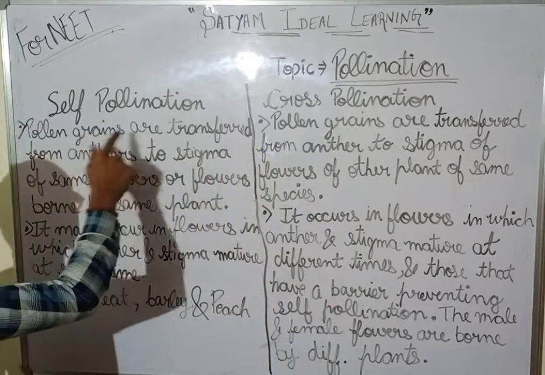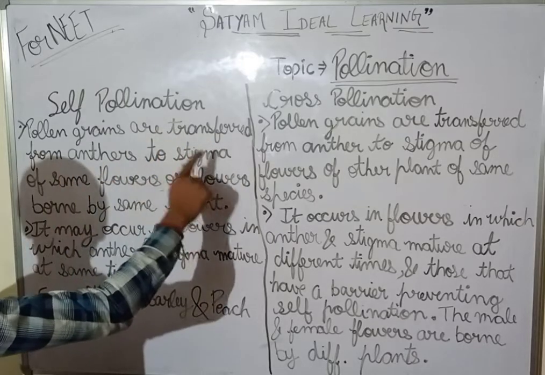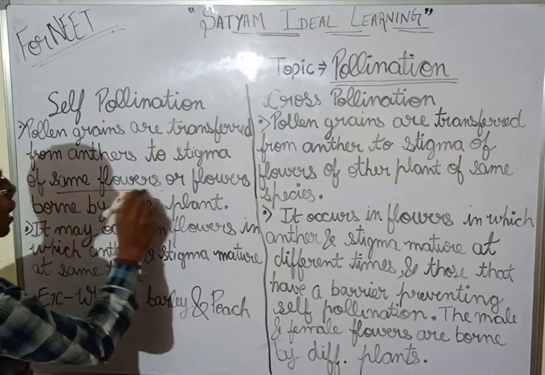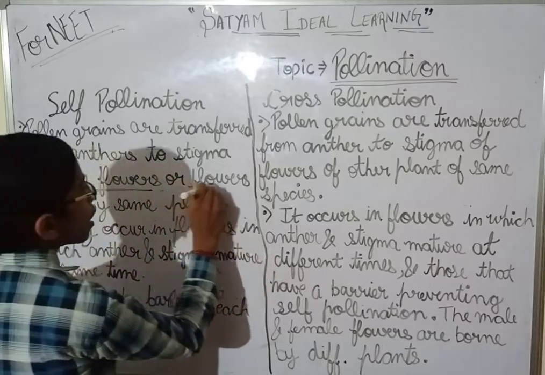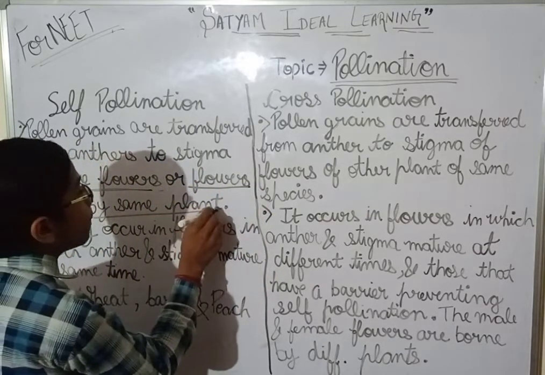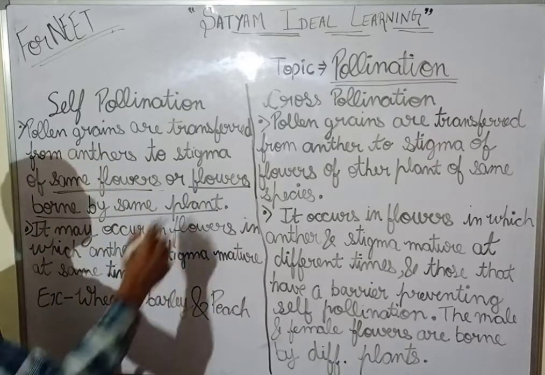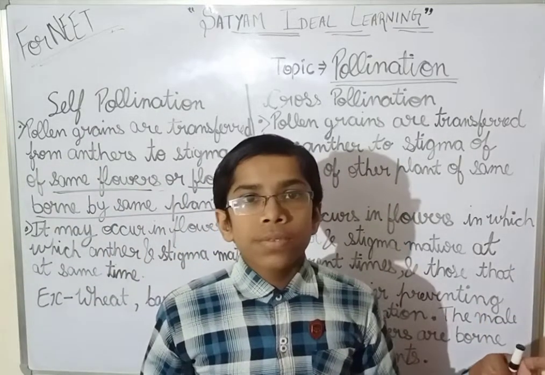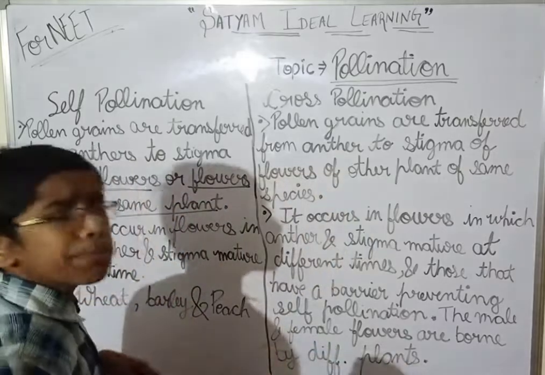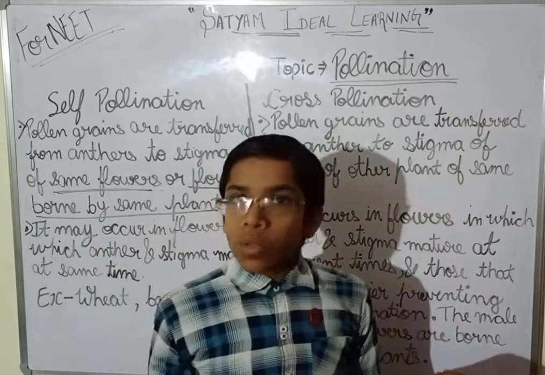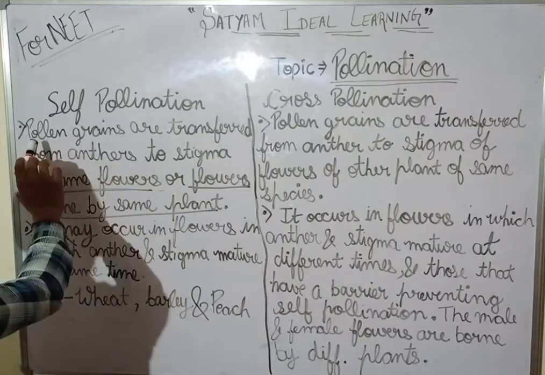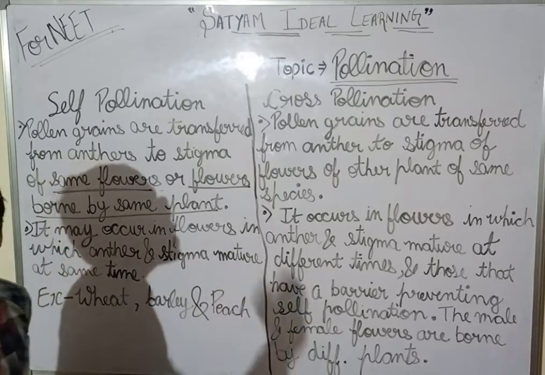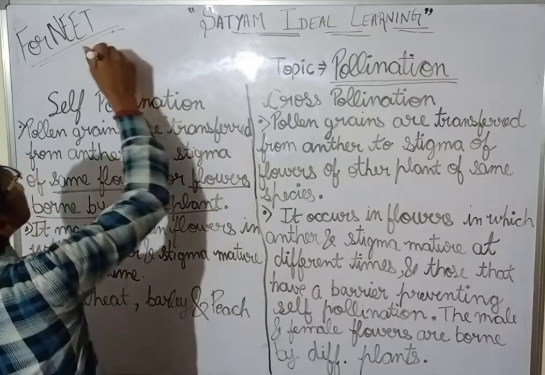See, pollen grains are transferred from the anther to the stigma of the same flower or flowers born by the same plant. You have to underline these things. Like I am a plant, there are many flowers in me. These flowers are born by a single plant. So pollen grains are transferred from the anther to the stigma of the same flower.